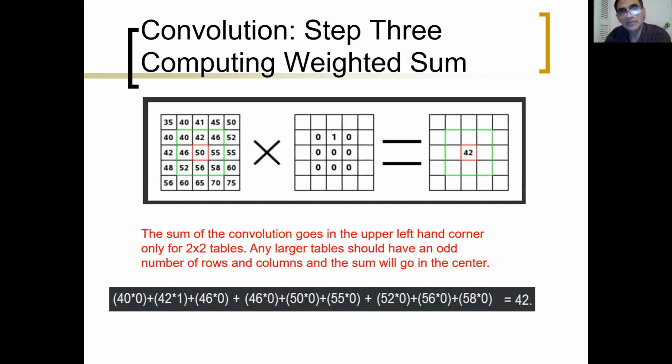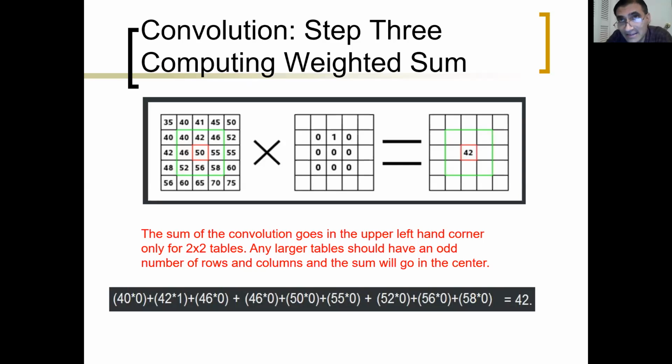Then the third step is you're supposed to compute the weighted sum, okay? And hopefully by now you've seen enough of this in Dr. Shah's and other notions of convolution to know what you're doing. You know what a sum is in mathematics. A sum is that sigma notation, right? The big capital E looking thing, the Greek symbol sigma. That's a summation symbol. When you're summing a whole bunch of things, you're simply adding them up, right?